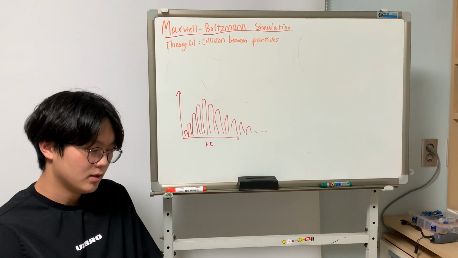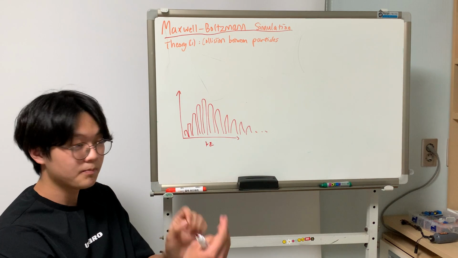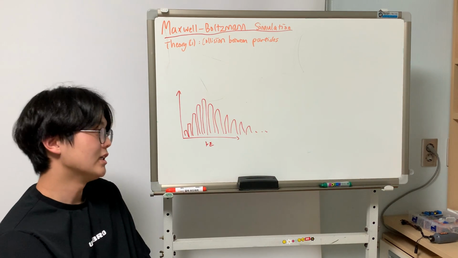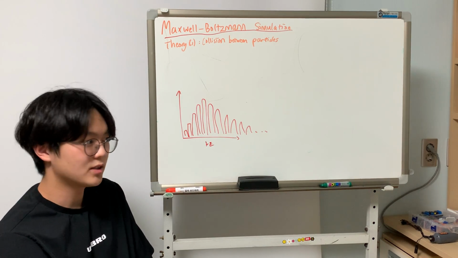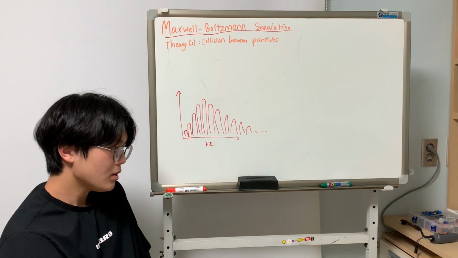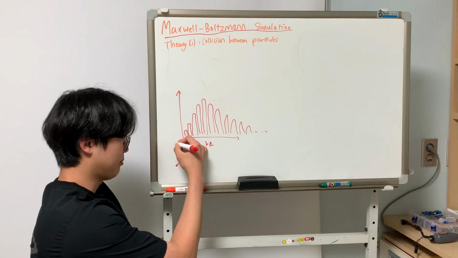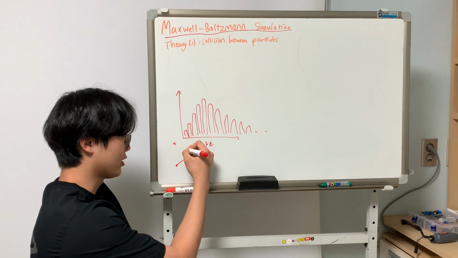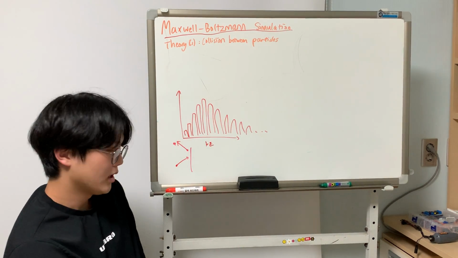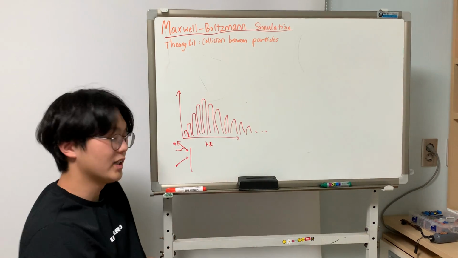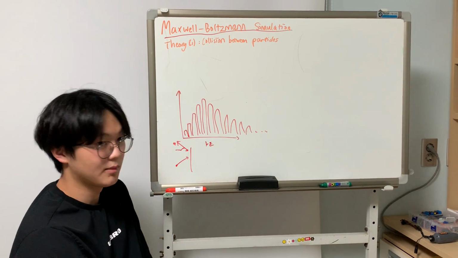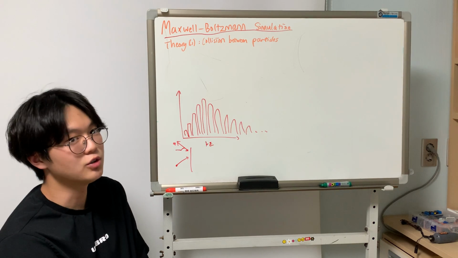One is the particle colliding with the wall, which is fairly easy because I'm just going to assume that when a particle collides with the wall, it reflects off the wall at the same angle as the incident angle. So the reflecting angle would be the same as the incident angle. That's what I'm going to assume.